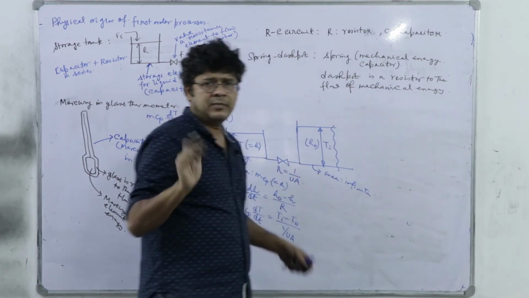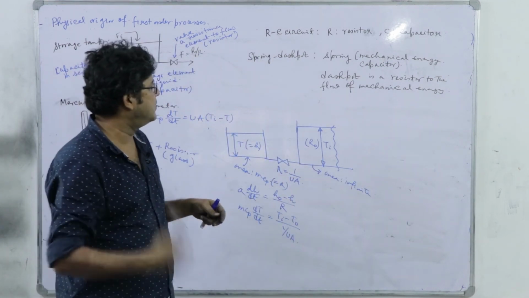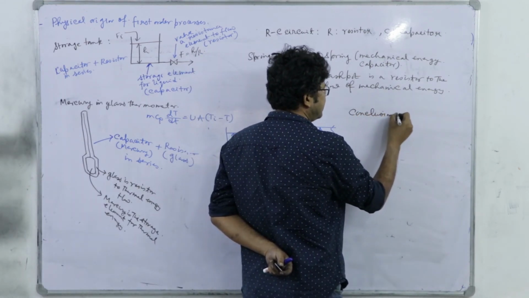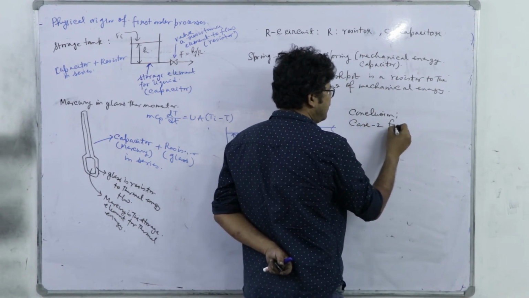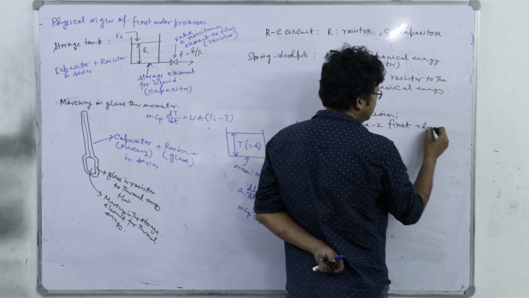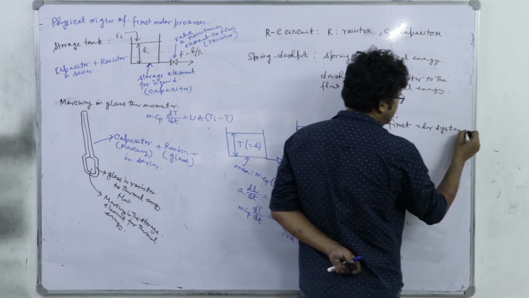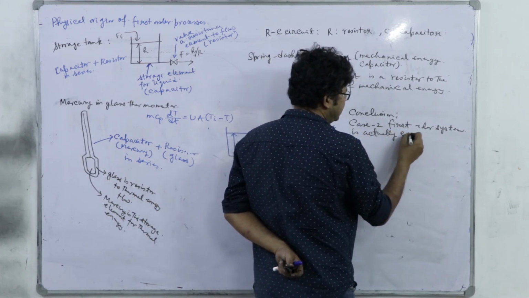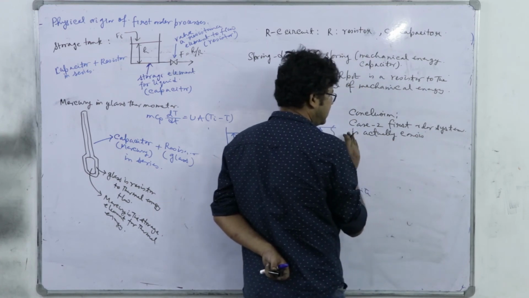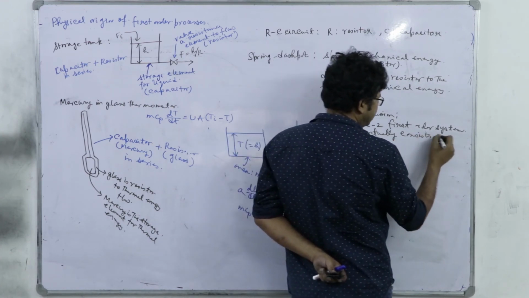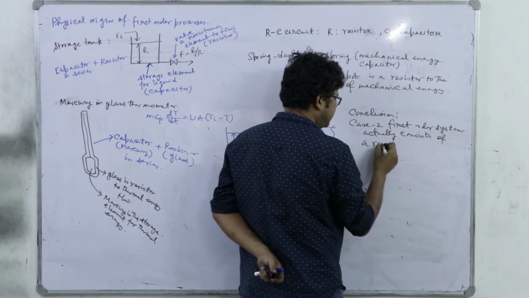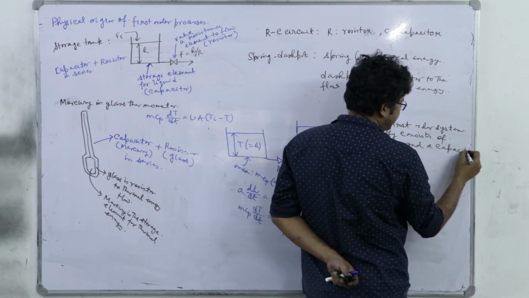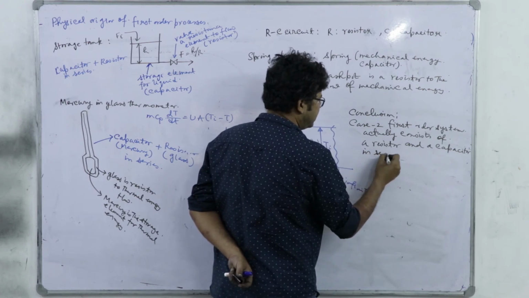So, overall, from understanding all the different systems, what will be our conclusion? Case 2, first order system actually consists of a resistor and a capacitor in series.